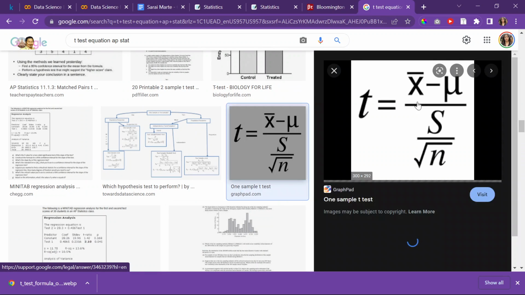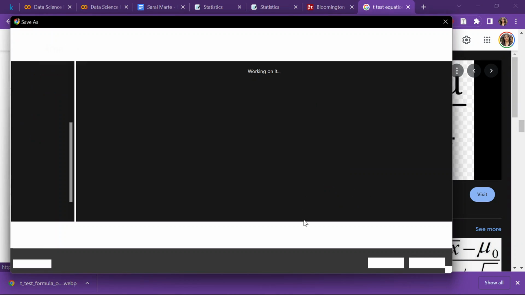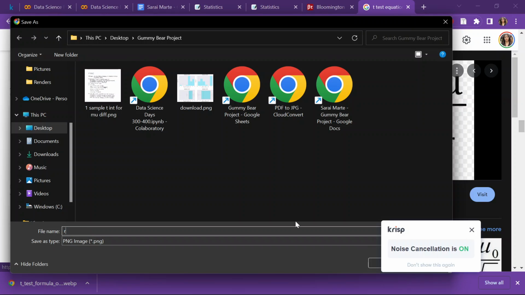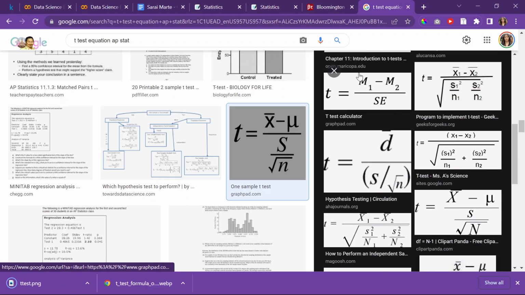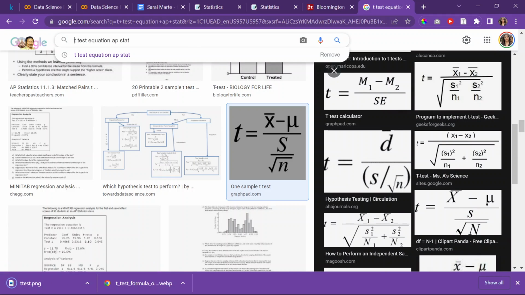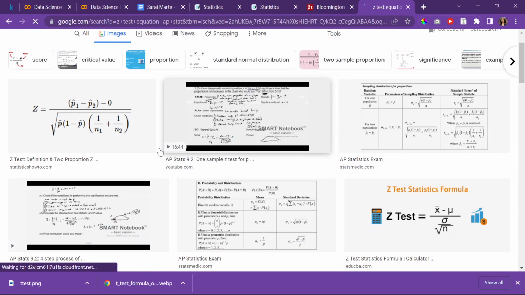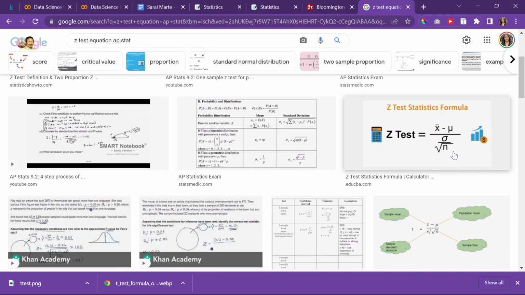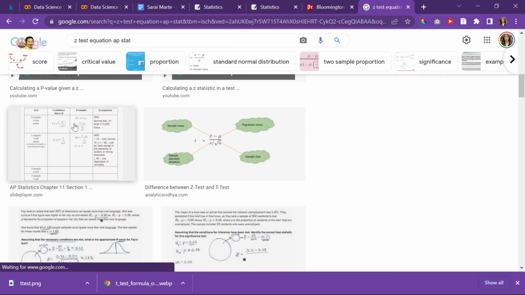Ooh, this one's prettier. Let me save this one. Let me call it T. What about the Z test? I don't even remember. I just had it, it's right there, yeah.